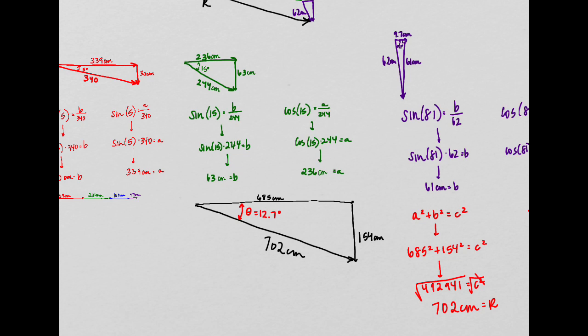Or if you wanted to, we could figure out what this angle is here. And that is 347.3 degrees. So you could say the mouse's resultant displacement is 702 centimeters, 347.3 degrees counterclockwise of east.